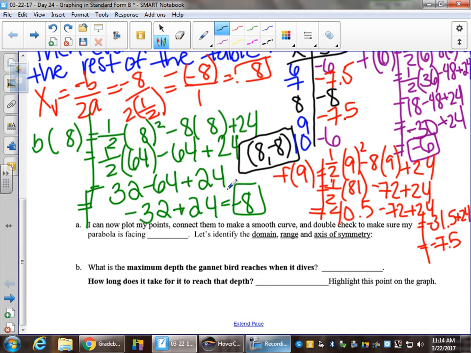It says, I can now plot my points, connect them to make a smooth curve, and double check to make sure my parabola is facing up. Why is my parabola facing up? If we have a negative A, are we going to be facing up? Because our A is positive.